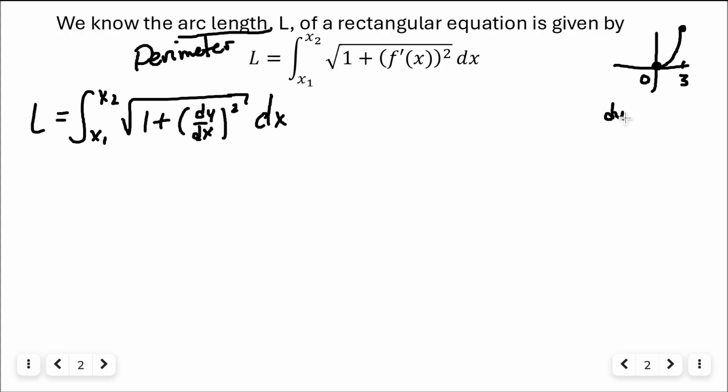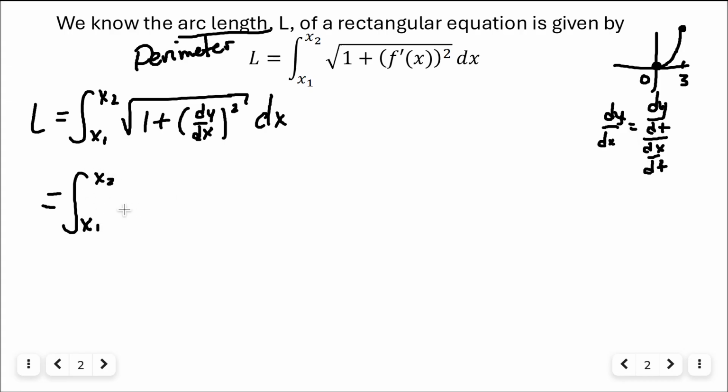So dy dx, we've worked with it for a few videos now, is dy dt divided by dx dt, because everything is not written in terms of x anymore. You have both components written in terms of different variables.